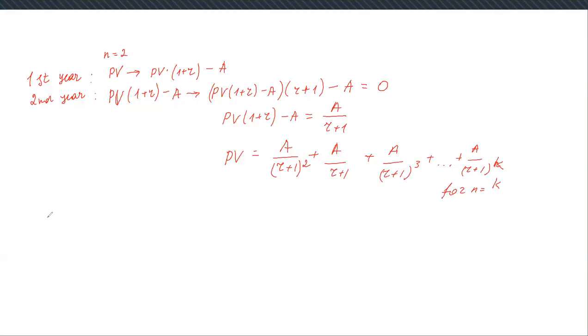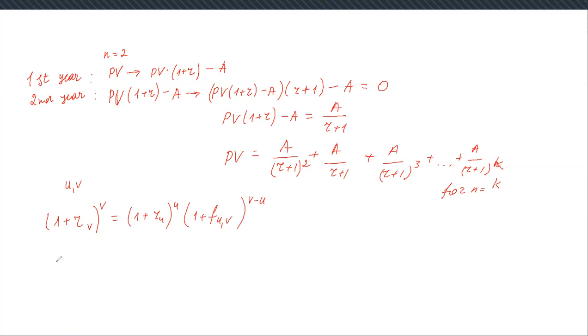Yeah, okay, so we have 1 plus r sub u to the power u, and for example, you can rewrite this formula, and after that I would like to give you an example.